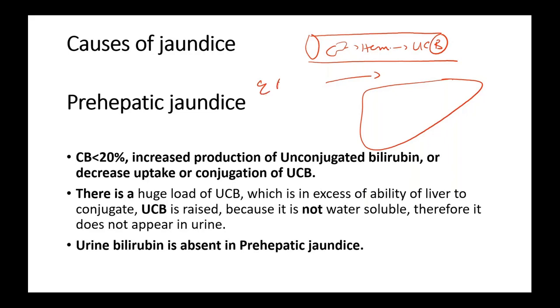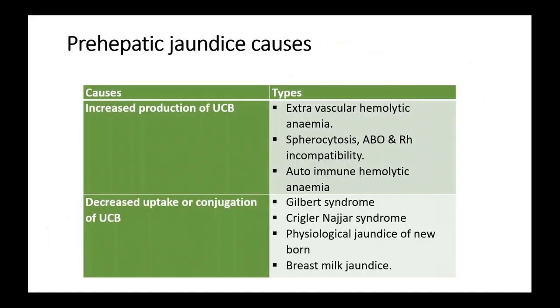Or if there is a decreased uptake of this unconjugated bilirubin in the liver, that will cause prehepatic jaundice. And the jaundice will be caused by unconjugated hyperbilirubinemia. Because unconjugated bilirubin is not water soluble, it will not appear in the urine. So if you check the urine for bilirubin in prehepatic jaundice, urine bilirubin will be absent.